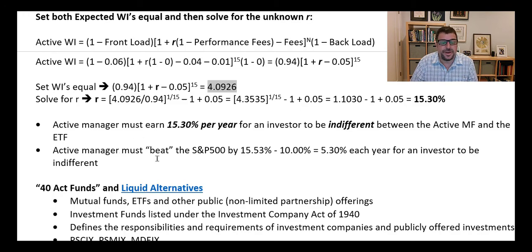And so the active manager must beat the S&P 500 by 5.30% each year for the investor to be indifferent between the two, to account for this 6% front-end load, the 4% management fee, and the 1% 12B1 fee.